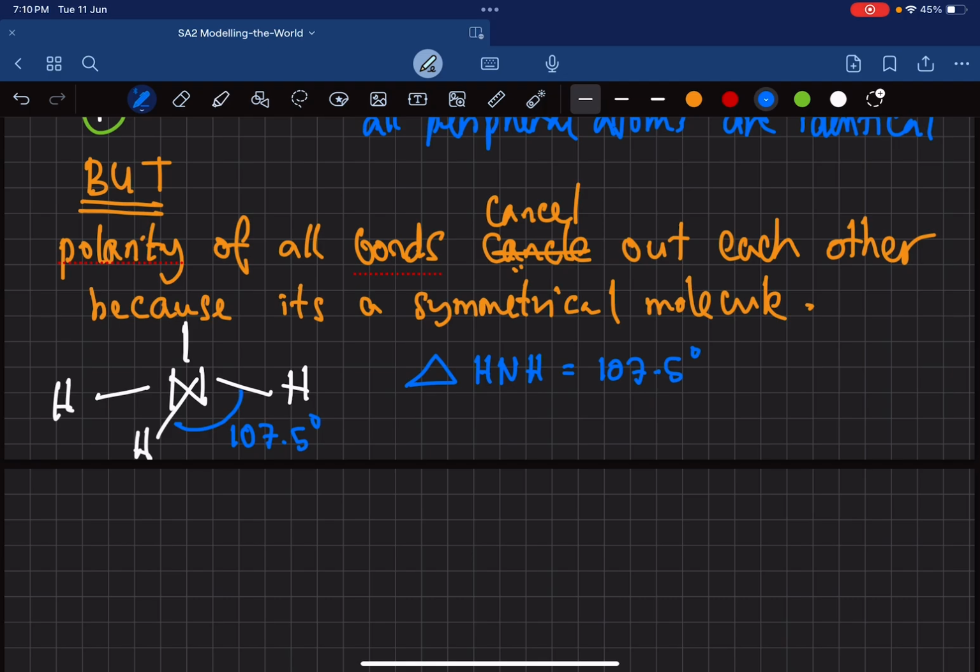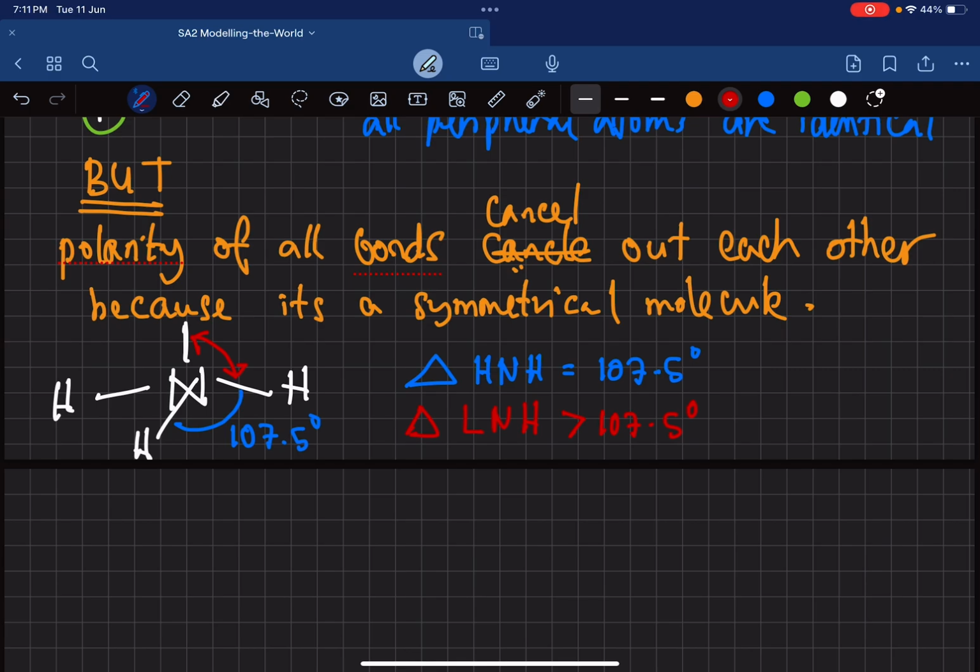But the angle between the lone pair and hydrogen is greater than 107.5. I don't know what it is, and I don't think anybody knows. Somebody might know, but it's not 107.5.